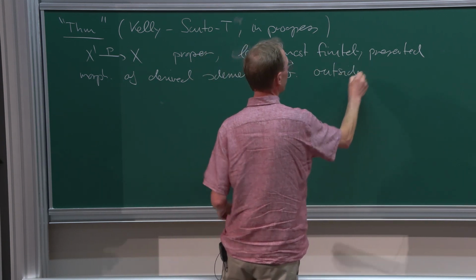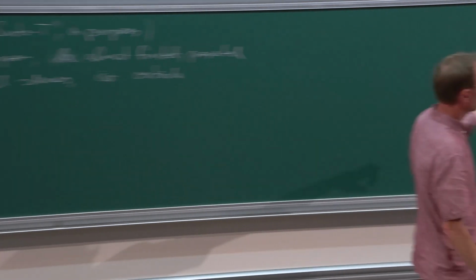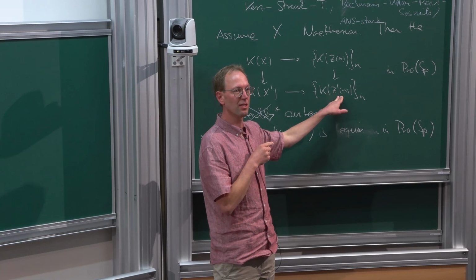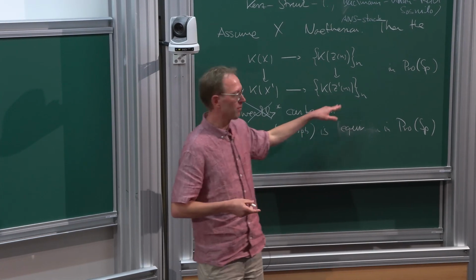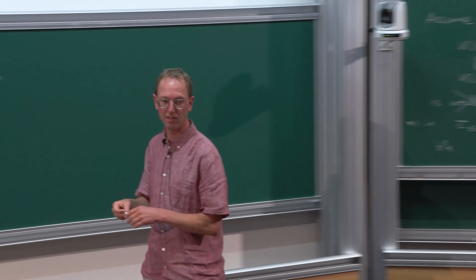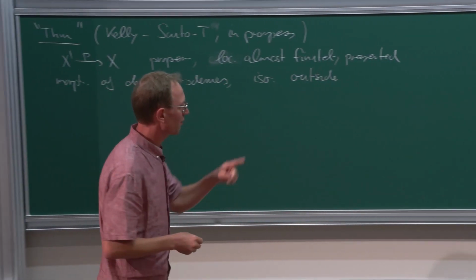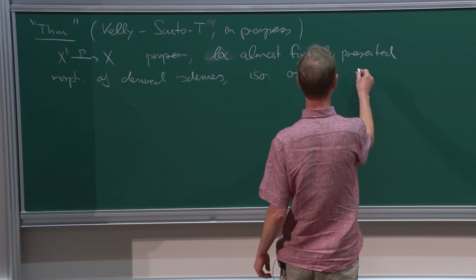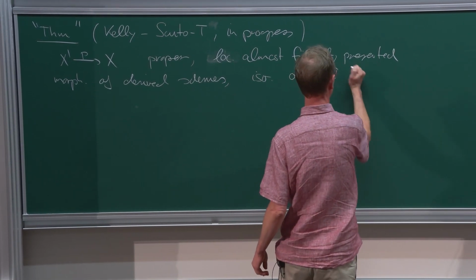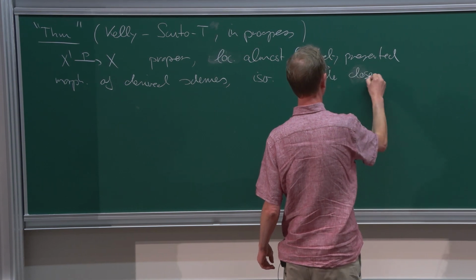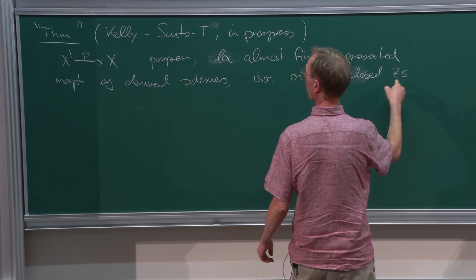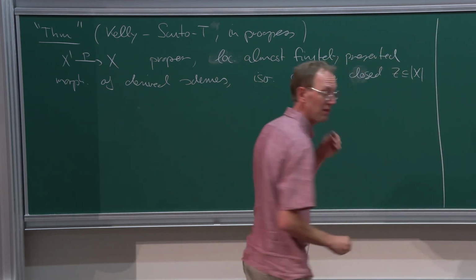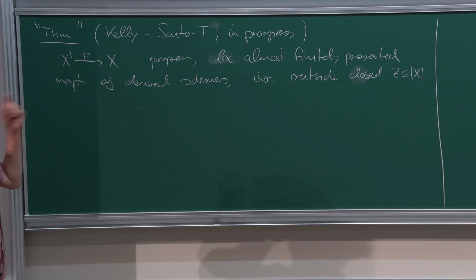Also before in this theorem here, for example, you see the scheme structure of this Z doesn't really play a role. It's just the topological space because we go to this prosystem of infinitesimal thickenings anyway. But this is, of course, somehow special to the Noetherian setting. So now I want to say this is an iso outside some closed Z. And here, for the moment, I only consider this as a closed subset of the topological space.